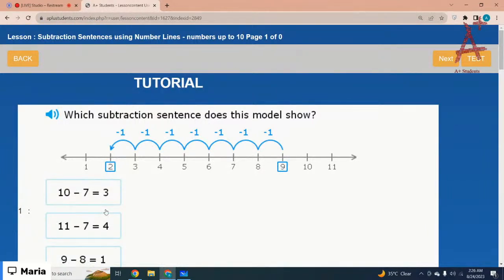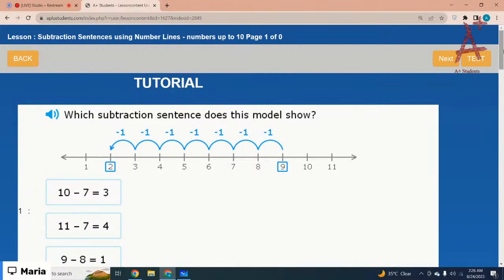Which subtraction sentence does this model show? Okay, you can see you started with 9. You have to see how many subtractions you did. Just count these one, 2, 3, 4, 5, 6, 7.